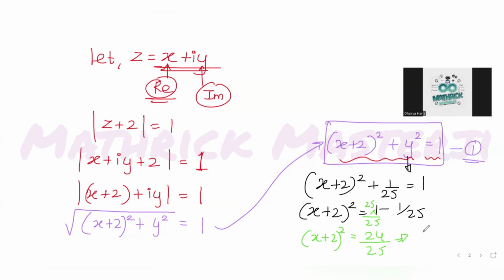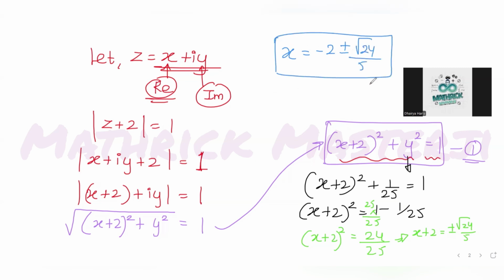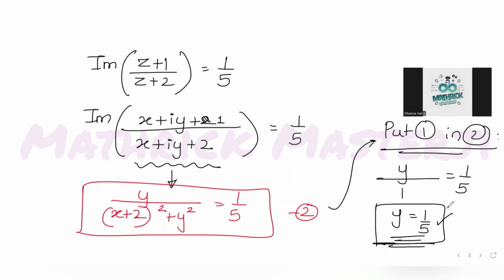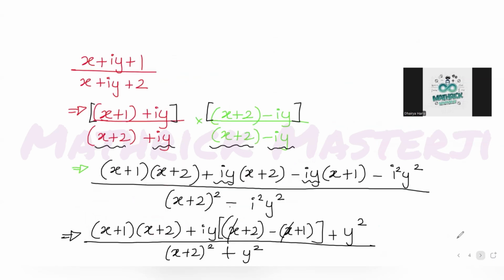Taking square root on both sides gives me x plus 2 equals plus minus root 24 over 5. And plus 2, if I take it on the other side, I directly get the value of x, and that is x equals minus 2 plus minus root 24 over 5. So that's my x value, and this is my y value. So I have x and y, both of them with me.